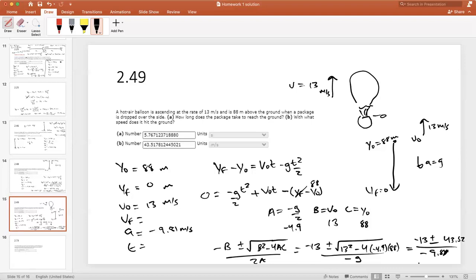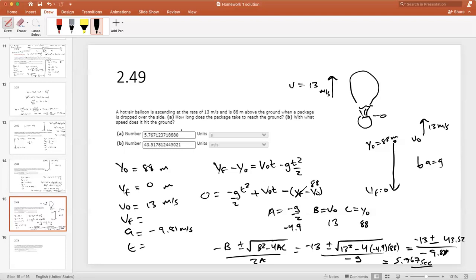Now, I need time to be positive. Therefore, I need to take the negative of these. If I took the positive, I'd get a positive number divided by a negative. I don't want to do that. So use the negative. Negative 13 minus 43.52 is 56.52 with a negative sign, divided by 9.8 is 5.767 seconds, which is exactly what they got, right?